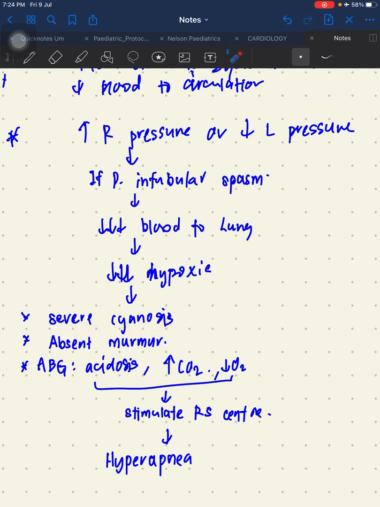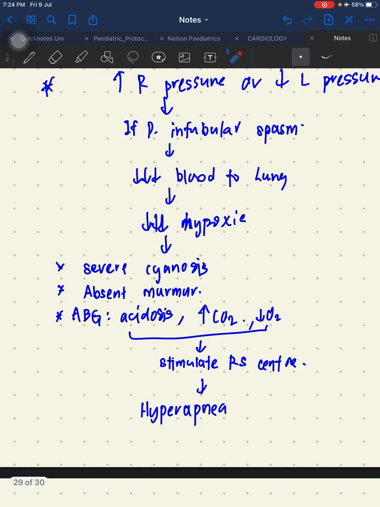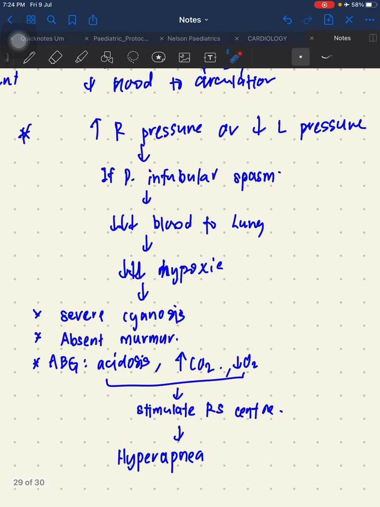And at the same time, there is very little blood flow across the pulmonary valve, right? So the murmur becomes absent or inaudible. When we do ABG during the hypercyanotic spell, we tend to see acidosis, hypercapnia, and severe hypoxia. When we have these three features, it will stimulate the respiratory center of the body.